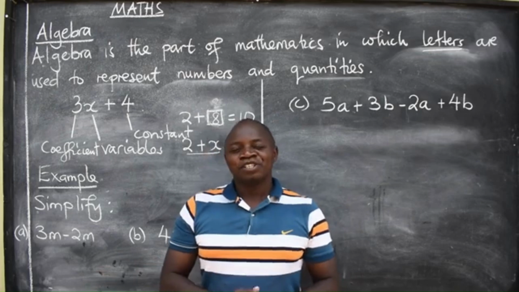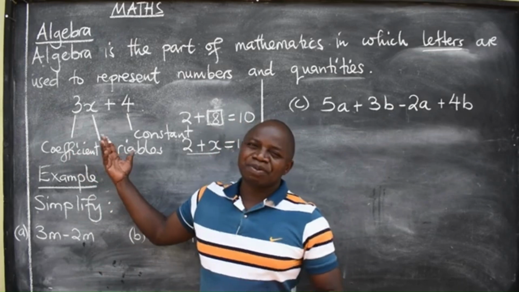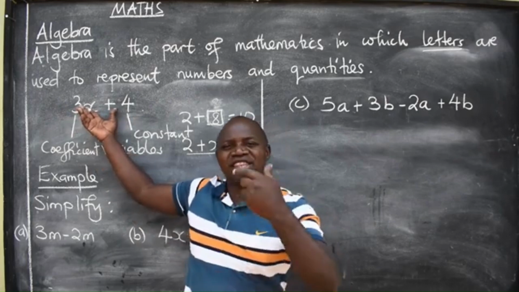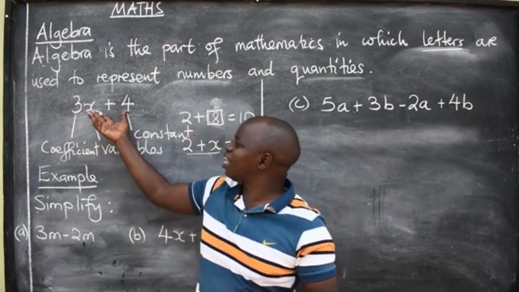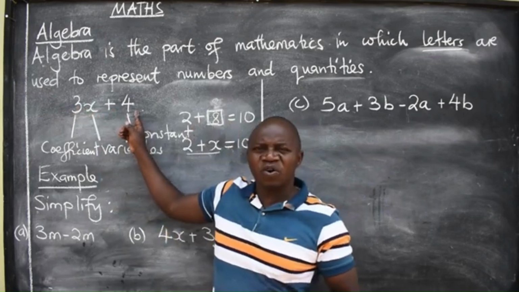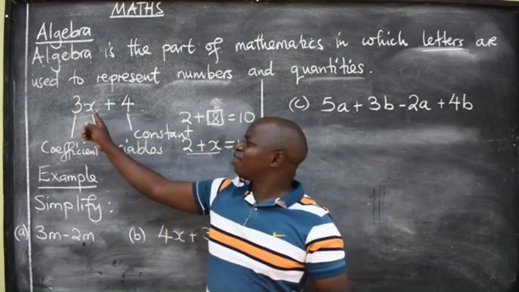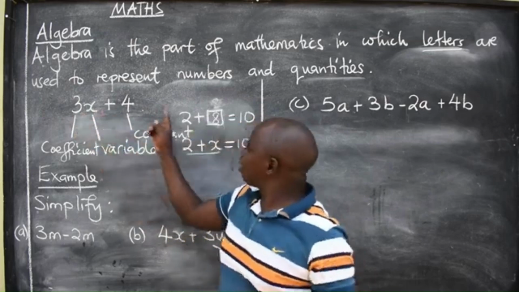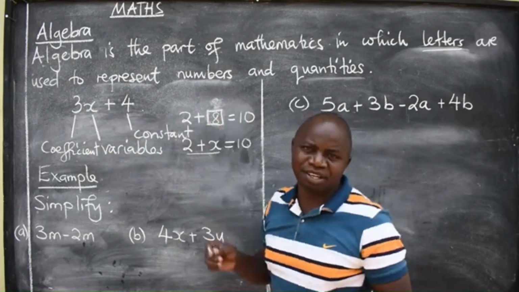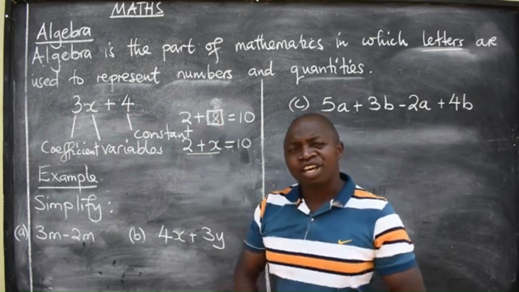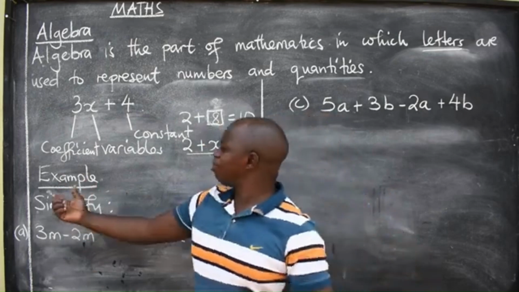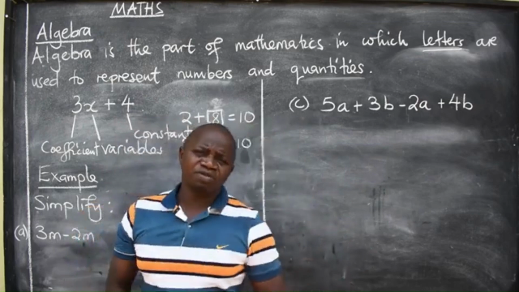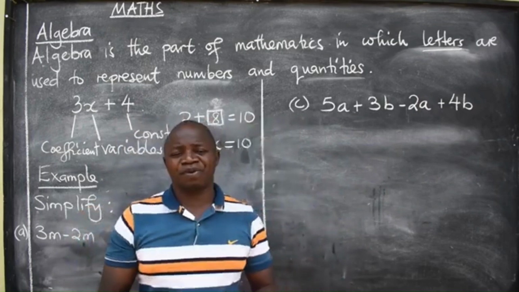In an algebraic expression like this, in the exam they cannot say, solve this. It can't work, because it is an expression. They can only ask you to solve in an equation, not in an expression. So in expressions, they will only ask you to simplify, to factorize, or to express such terms as a single fraction. Hope we are together.